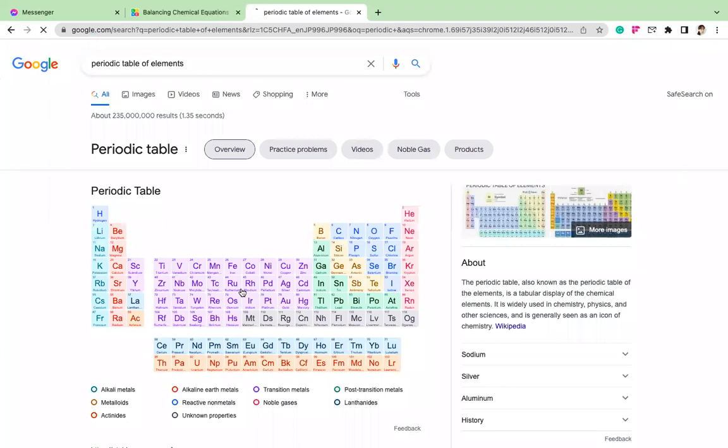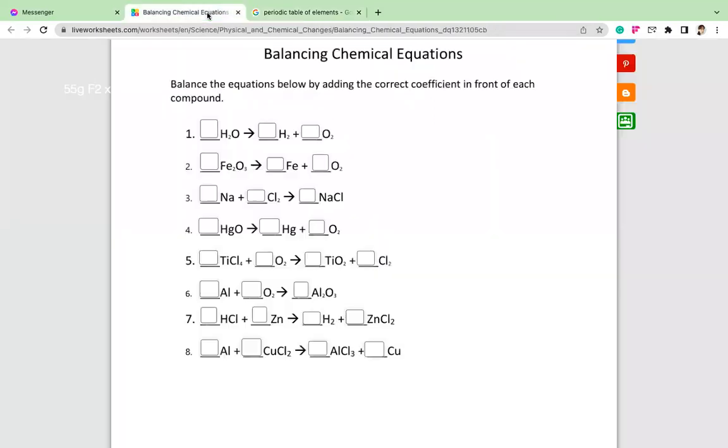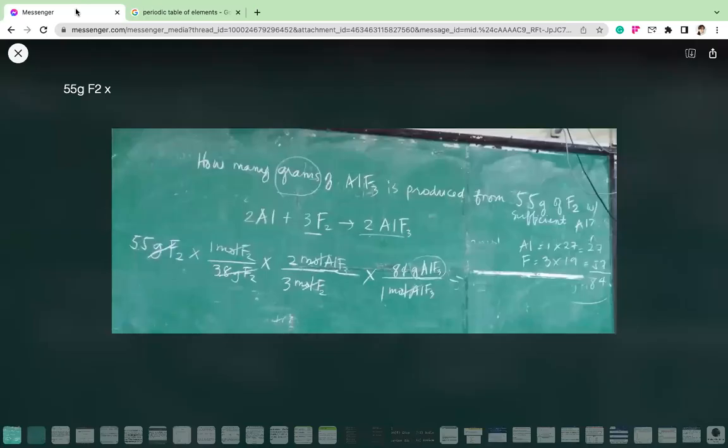In your periodic table of elements, the mass of iron is... Where's iron? The mass of iron is here. 56. Is that 56? Yeah, should be 56, no? 56 grams. The mass of iron is 56 grams.